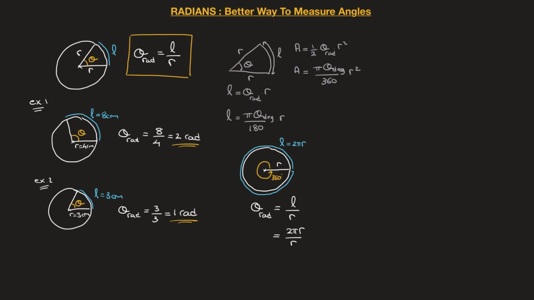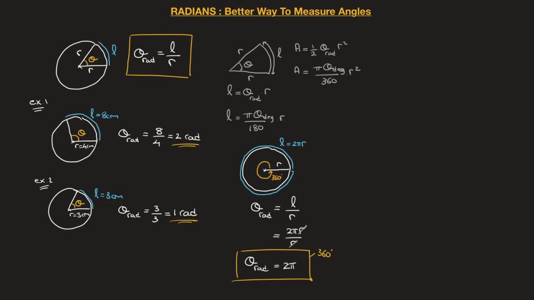And as I'm sure you can see, the r on the numerator and on the denominator cancel each other out, leaving us with the angle in radians, which is equal to 2 pi. And that's an important result. When working in radians, 2 pi radians corresponds to 360 degrees. And thanks to this result, we can find many other conversions between degrees and radians.